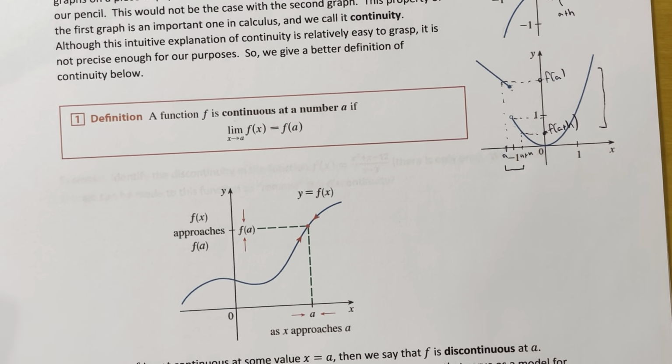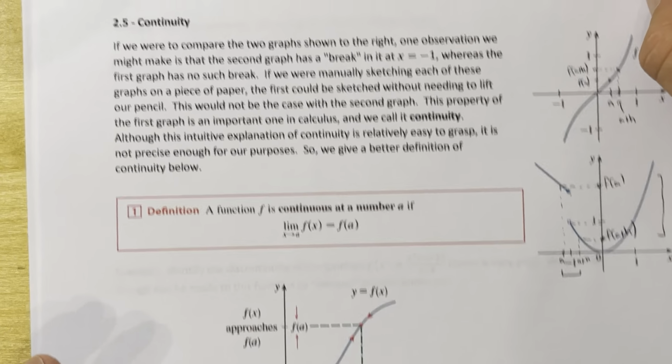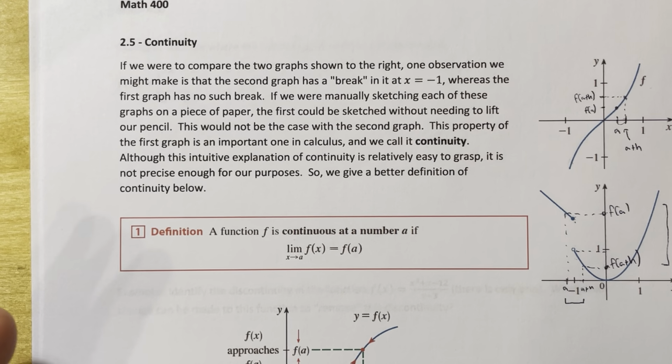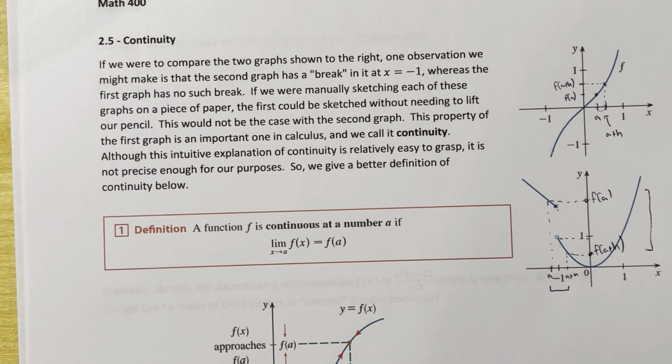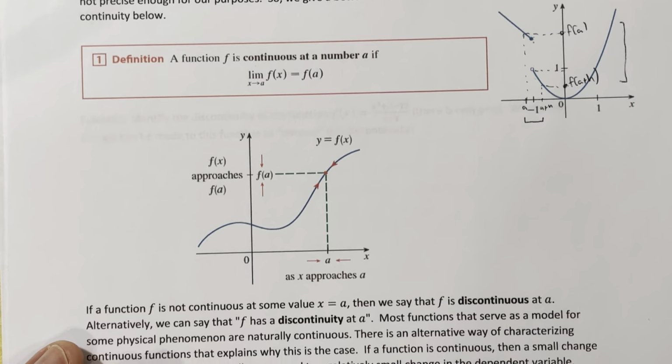So we don't really see teleportation much in real world applications, which is why discontinuities of this nature don't appear as frequently as a continuous function would in the kinds of applications we see in the real world.